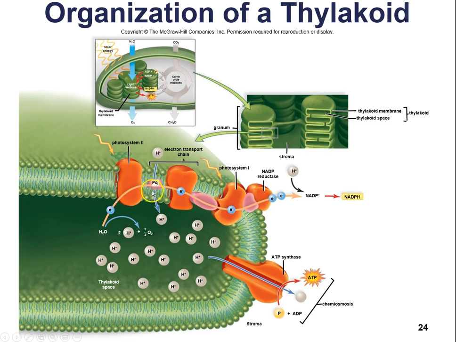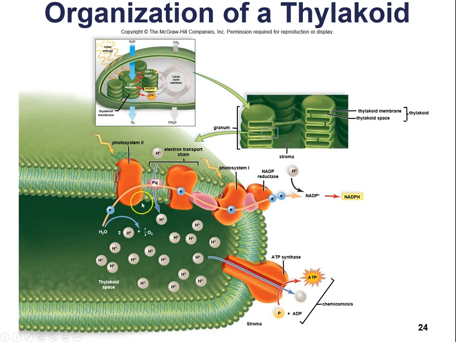So this is the plastoquinone and the cytochrome. They're basically acting as these carriers, okay? So the electrons basically move through these carriers. That's essentially what's happening. So you can see these electrons here. This is the electron transport chain. Again, they're just being transferred from molecule to molecule, okay?